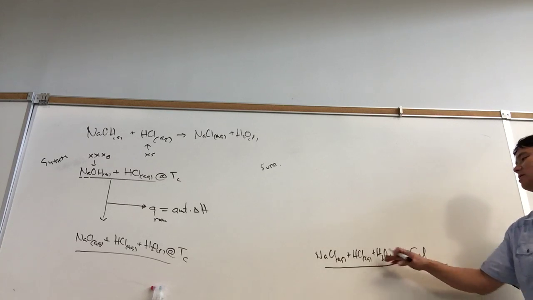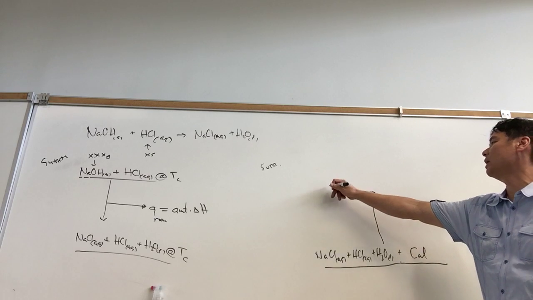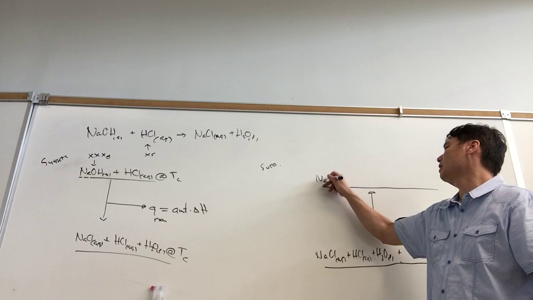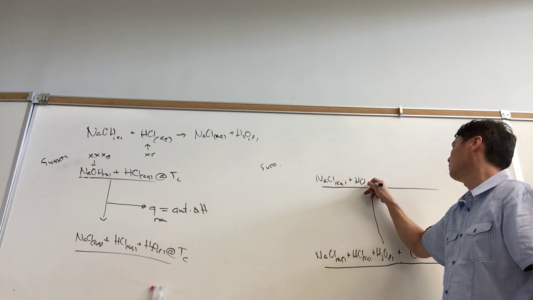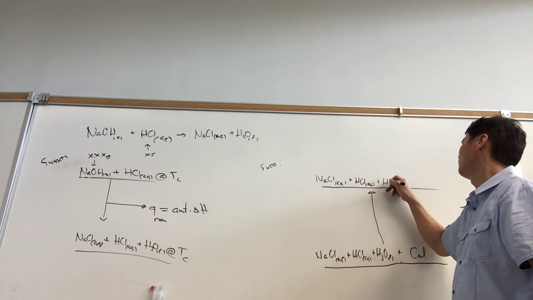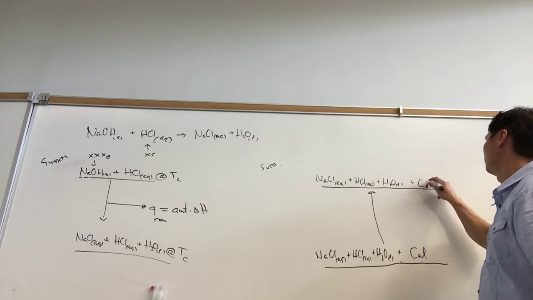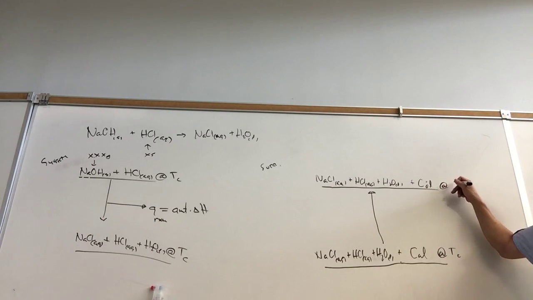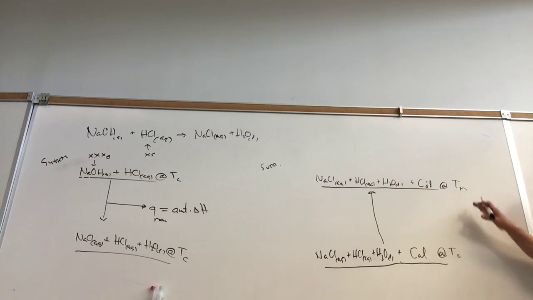So we've got two objects here, the product solution and the calorimeter. They're both going to absorb the heat from this reaction, and the temperature is going to warm up. So we'll end up with warm product solution and warm calorimeter. So this is going to be T cold, this is going to be T mix.